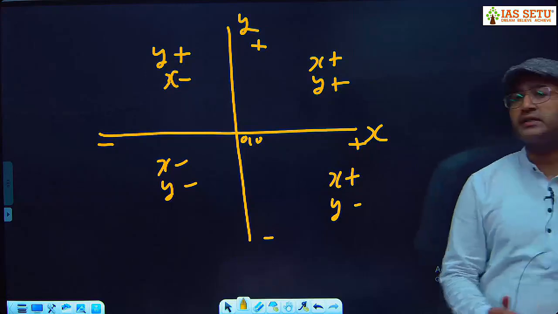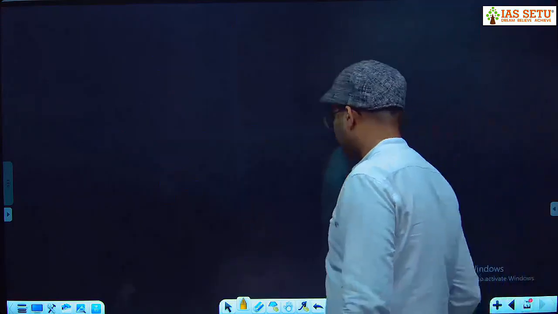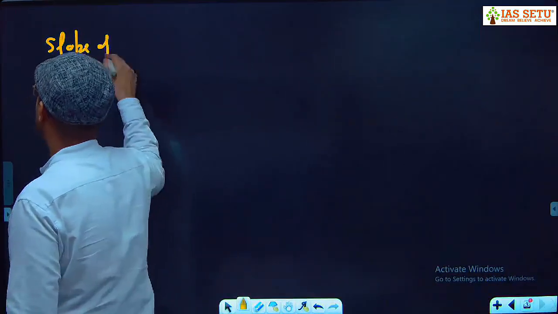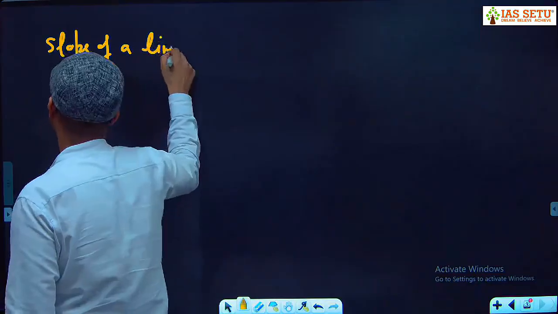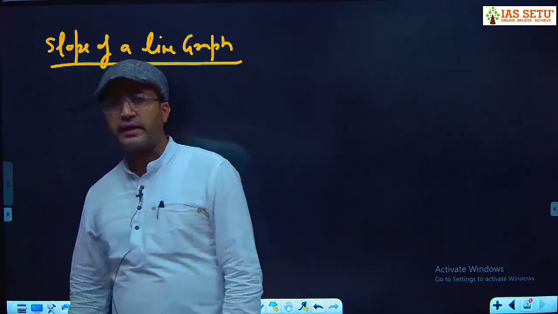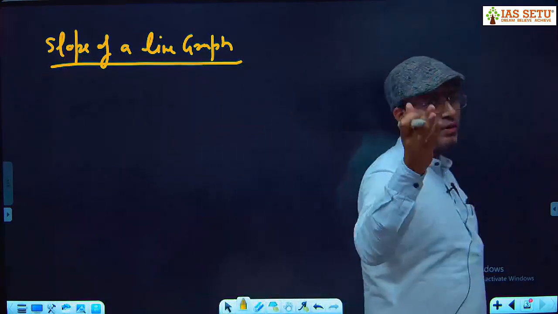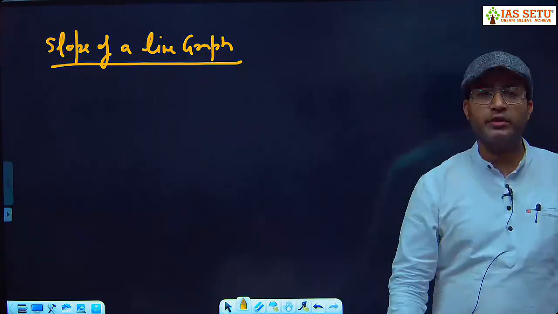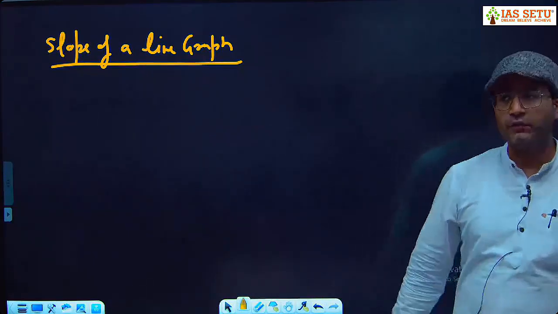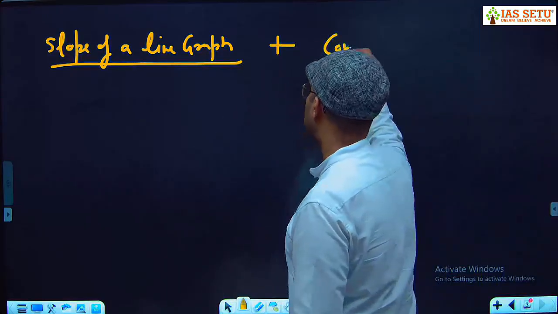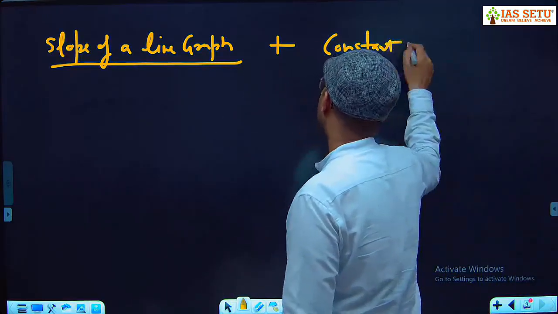Now the next thing is the slope of a line graph. Like if you climb a mountain, it is a positive slope; if you go down into a valley, we call it a negative slope. And constant. We have three types of slope: positive, constant, and negative.